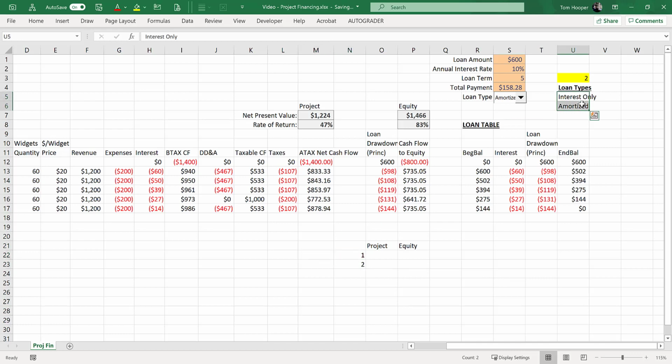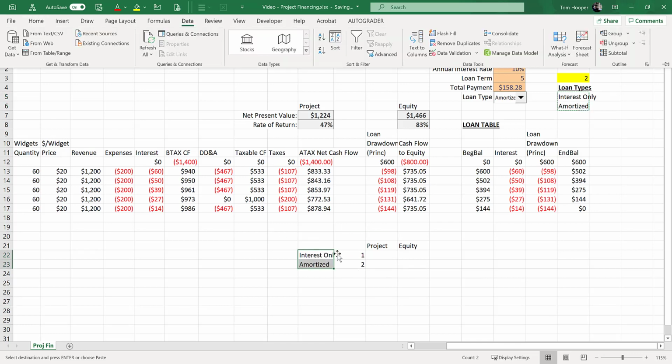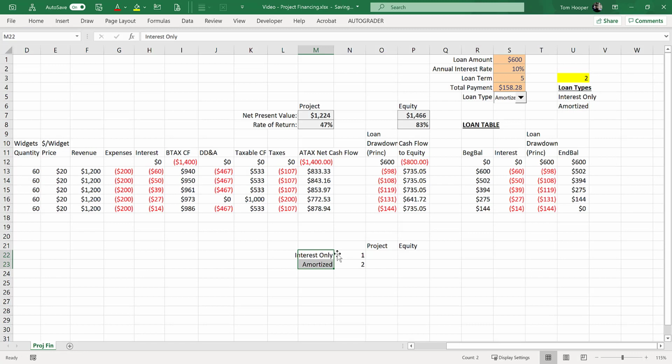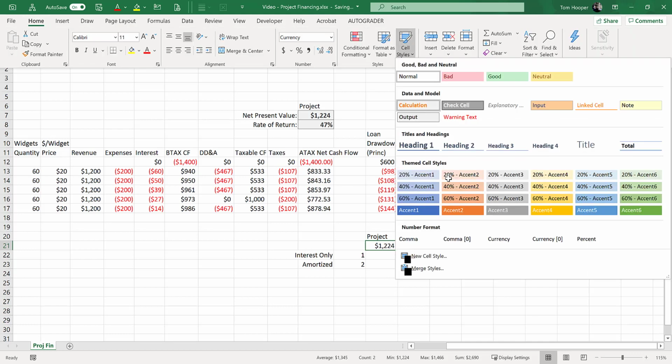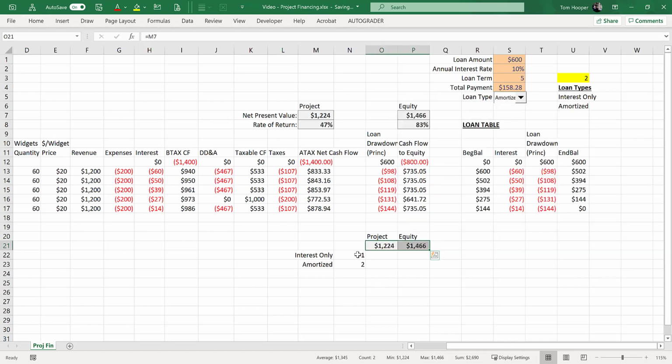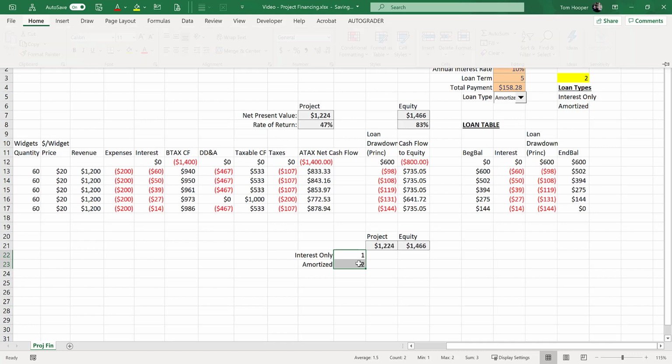I'm going to copy these down just so we know. I'd like to see how the net present value of the project compares to the net present value from an equity standpoint. So those are outputs. You can tell I'm headed toward a data table here. Couldn't let a video go by without a data table. These are inputs.